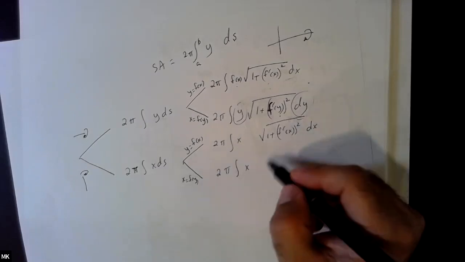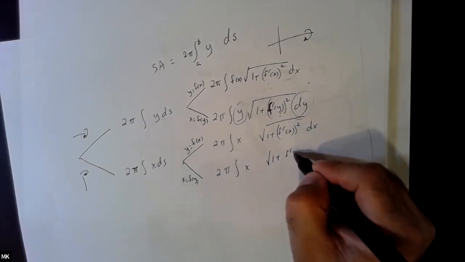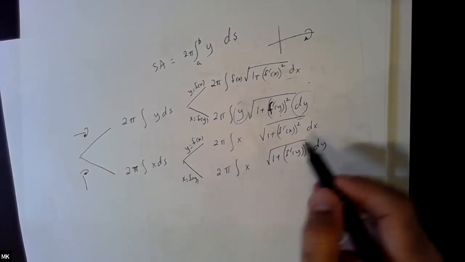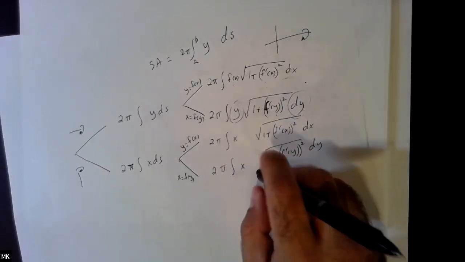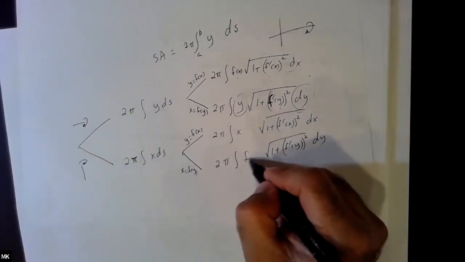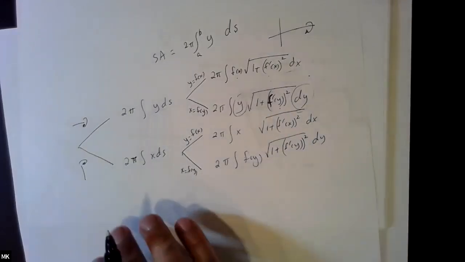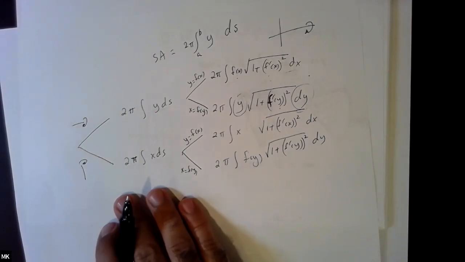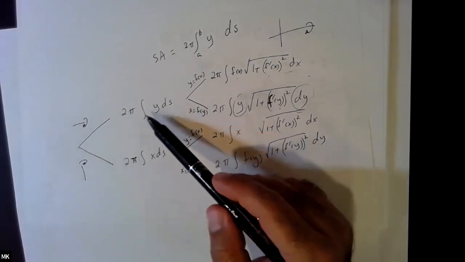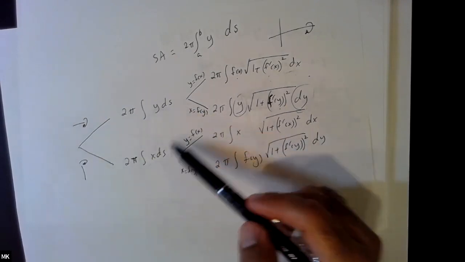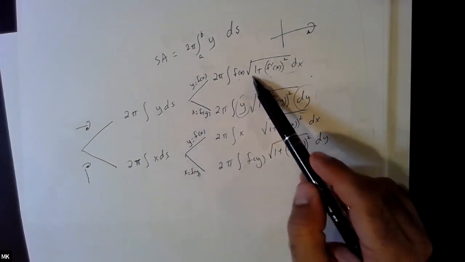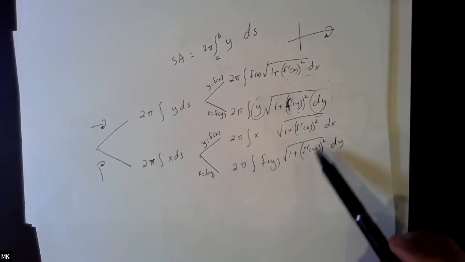If x is a function of y, it's going to be square root of 1 plus f prime of y squared dy. But that will mean that I have to replace x, because everything is in terms of y, you have to replace x with f of y. And that's how the breakdown works. So depending on whether you rotate about the x or y axis, you use either y ds or x ds. And depending on whether y is a function of x or x is a function of y, you use a different form of your ds.